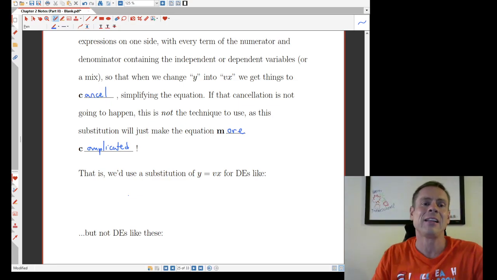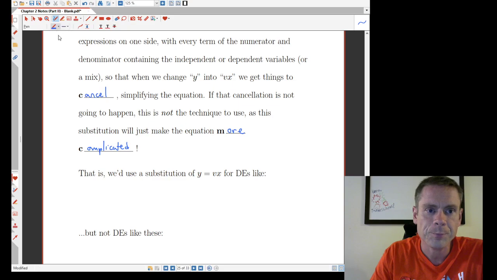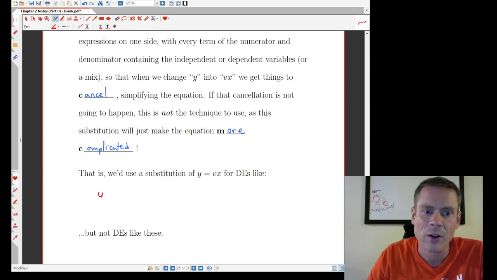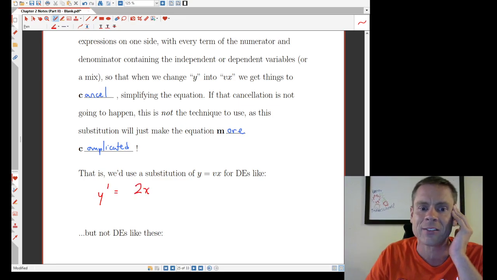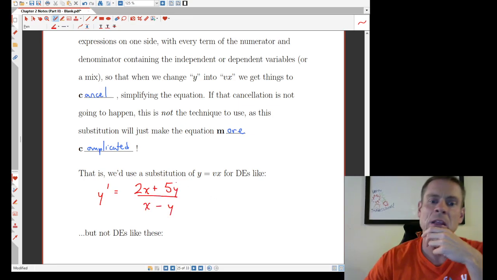And so, as a little bit of an example here, if I had a differential equation that was like y prime equals, and let me think for a second, 2x plus 5y over x minus y, suppose.